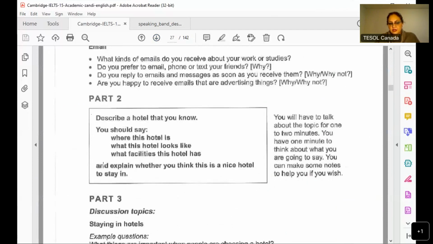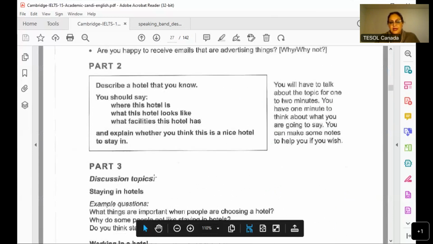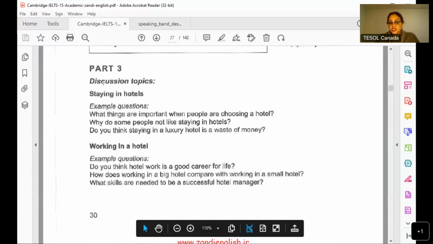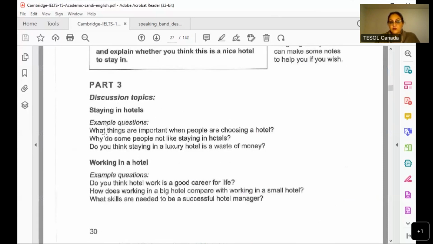This is the task card. Describe a hotel that you know, where this hotel is, what this hotel looks like, what facilities this hotel has, and explain whether you think this is a nice hotel to stay in. And then part 3, discussion, staying in hotels. So see, it's related to that. But what things are important when people are choosing a hotel?